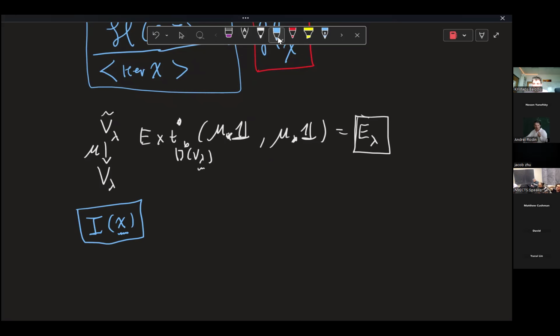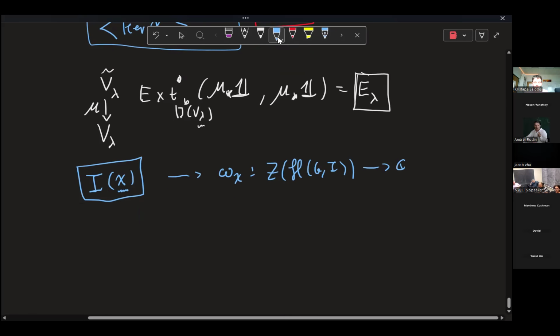That induced character, it turns out, this chi determines an omega, just to give it different notation, it determines a central character of this Iwahori-Hecke algebra. And in fact, there's a bijection between such things.